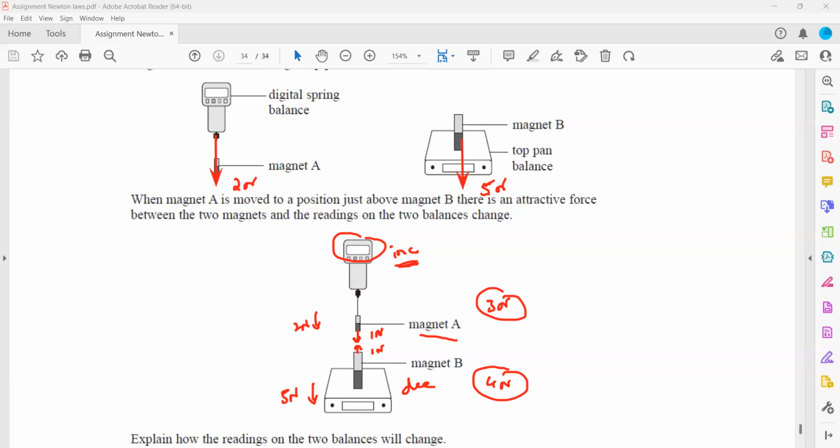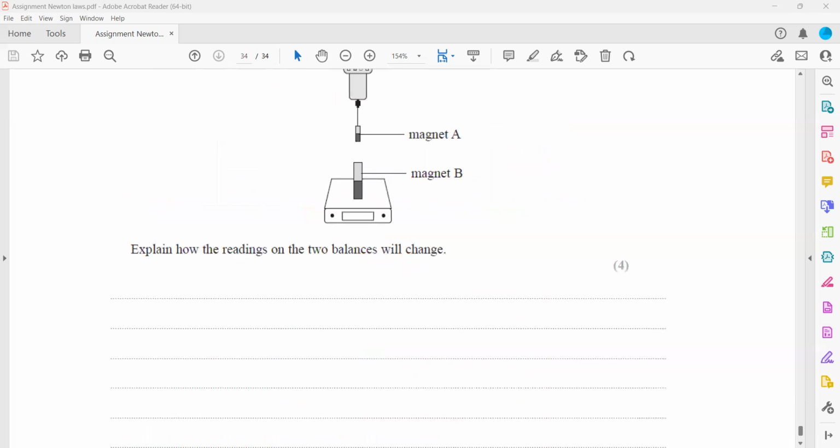That's why its reading is increasing. And the reading on the top pan balance is decreasing because the weight and the magnetic force are opposite, which produces a smaller resultant force. So this was about Newton's laws of motion.